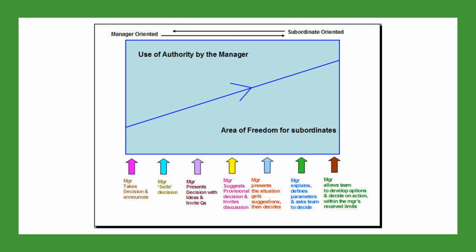And the next dimension, which is the green bar, is where the manager explains, defines the parameters, and asks the team to decide. So, for example, the leader might put a problem on the table in your own work area and say, this is what we're facing. I'd be keen to discuss with you how we might go about achieving this. Has anyone got some ideas about how we might go forward?